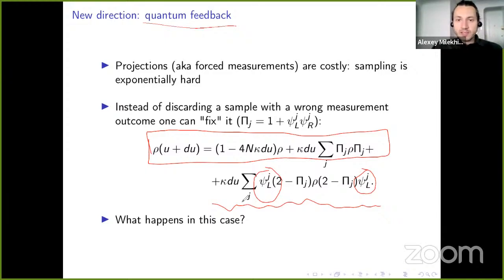But the problem is that we have not managed to rewrite this kind of evolution in this nice exponential form. And this is an obstruction for studying this model analytically. I think in this case, you have to do numerics. But we're still thinking about it.